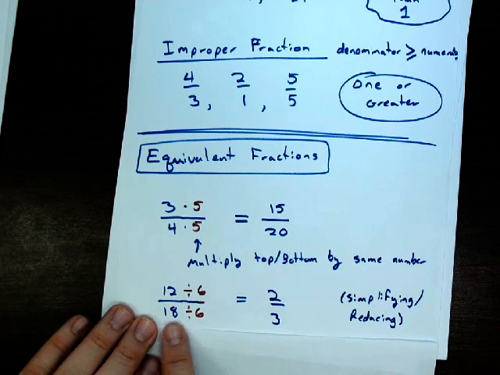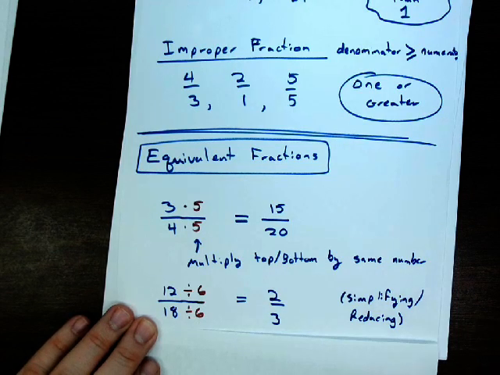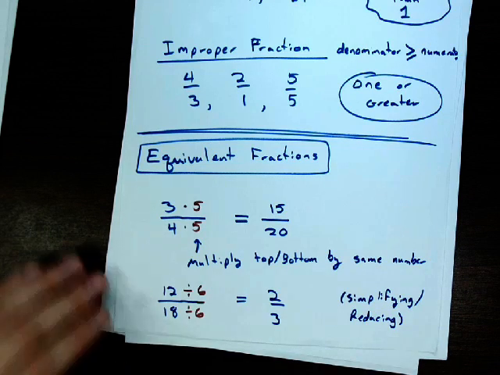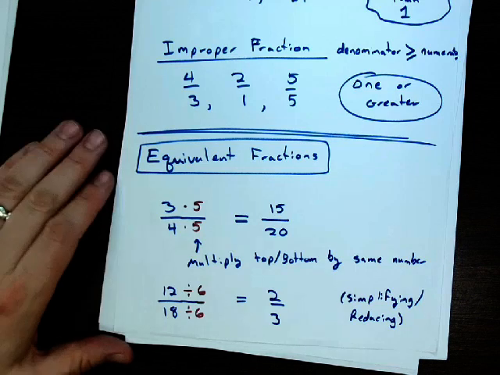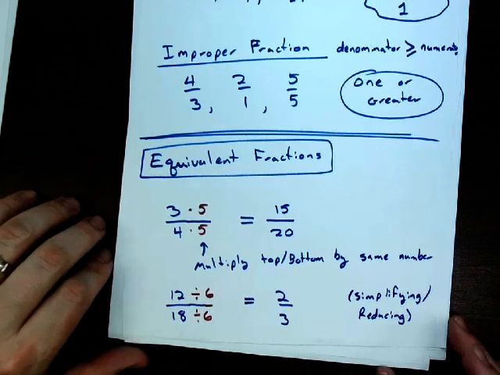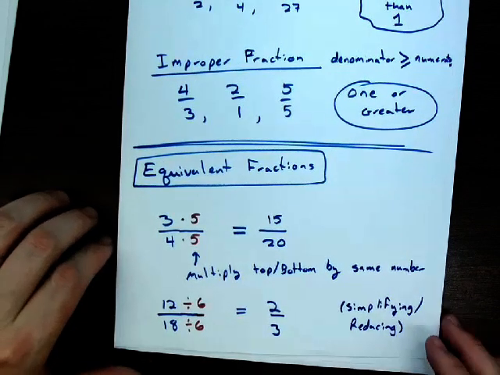So 12/18 is equivalent to 2/3. We call this process simplifying or reducing. We're going to be doing a lot more of this later on. In fact, the next video is going to be all about it.